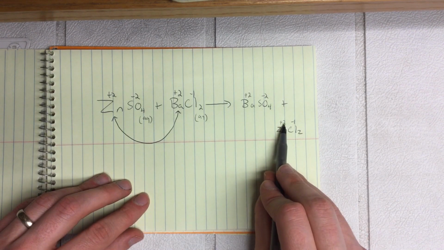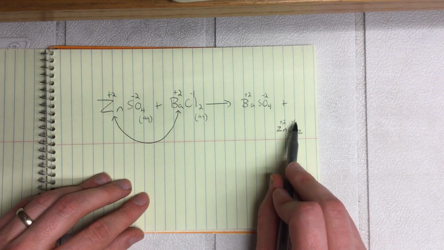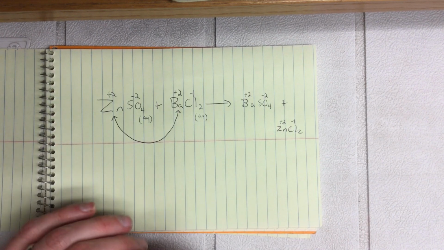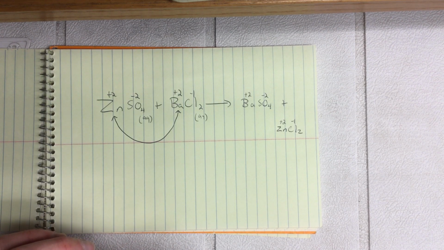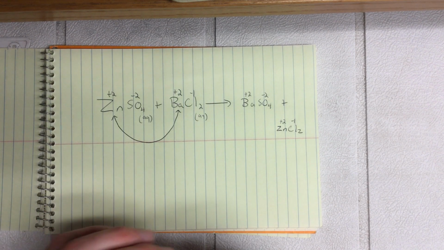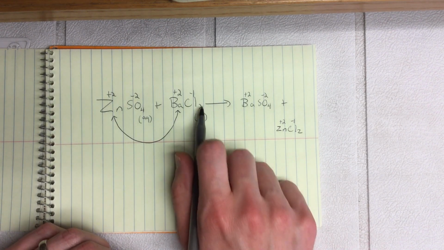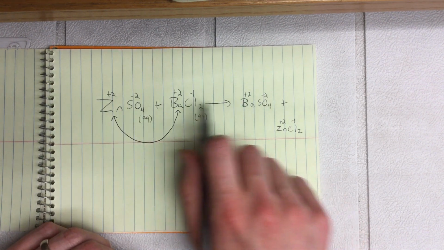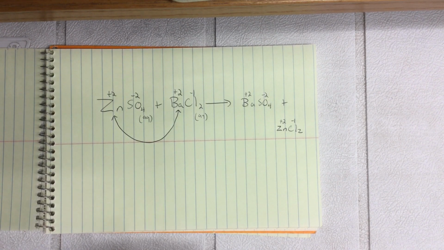So the 2 transfers over to the chlorine, and the 1 goes to zinc, which has a 1 right there. Now let's balance the equation. I have 2 chlorines, 1 sulfate, 1 barium, 1 zinc, 1 zinc. So you can see that it is balanced.